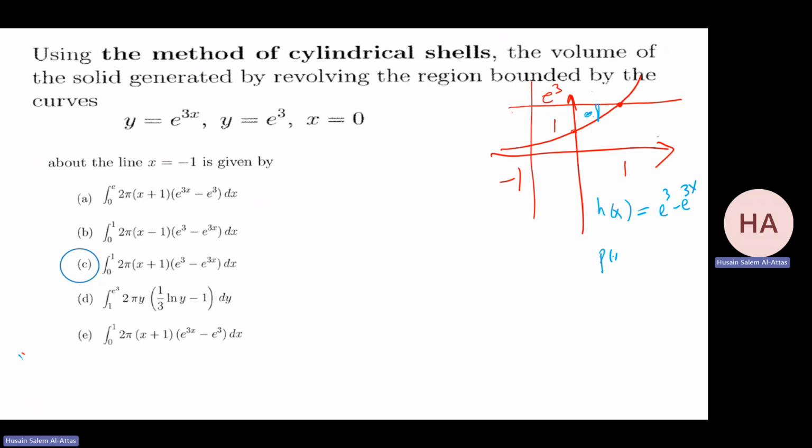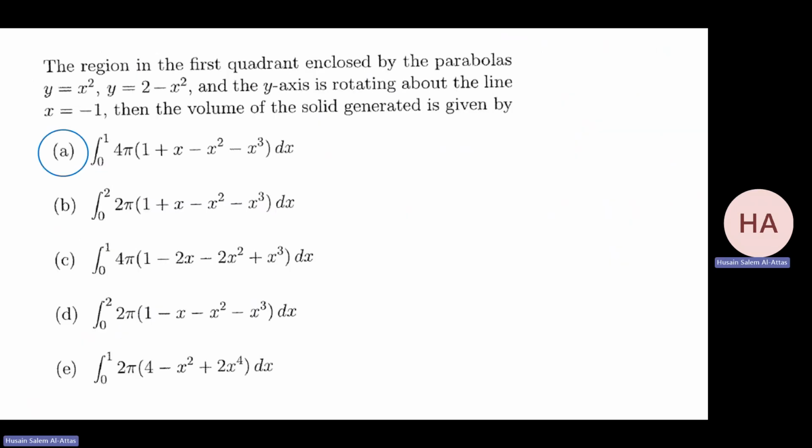And p of x will be x plus 1. From 0 to 1, because the intersection between these two is at x equals 1. So V will be 2 pi integral from 0 to 1 of (x plus 1)(e cubed minus e^(3x)) dx, which is this one. Easy one.